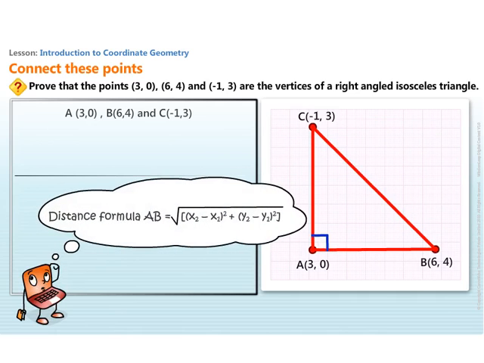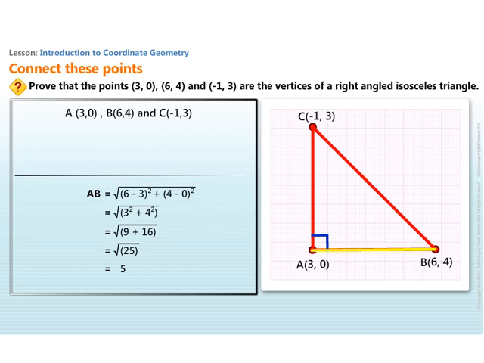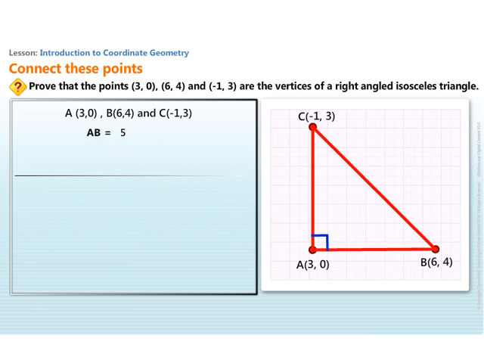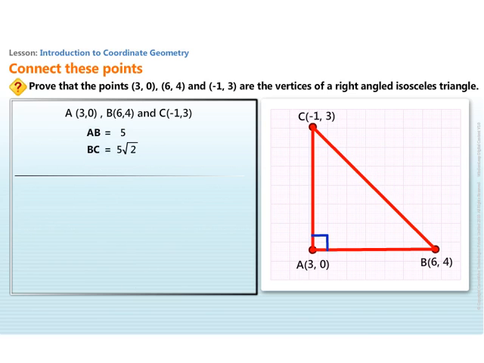We know by the distance formula, AB is equal to the square root of (x2 minus x1) whole square plus (y2 minus y1) whole square. Applying the distance formula and substituting the known coordinates, we get AB is equal to 5, BC is equal to 5 square root 2, CA is equal to 5.